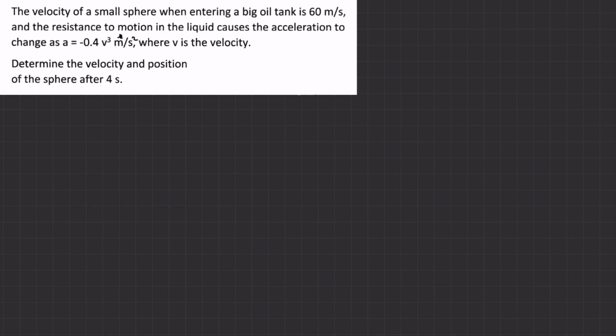Okay, so we have to remember our two steps. The first step is to identify which formula to use, and the second one is to integrate the formula from a starting point. So we have two formulas for acceleration. We have a equals change in v over change in t, and we have a equals v change in v over change in x.